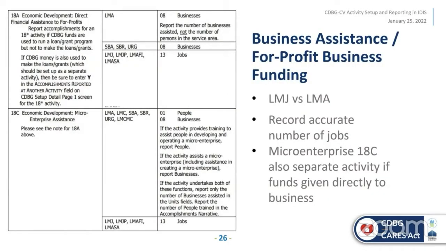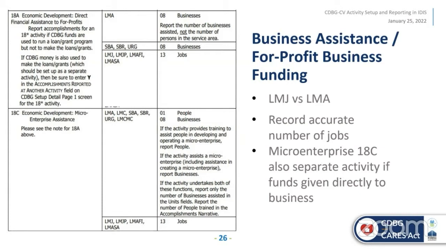In terms of what national objective, right, there can be LMJ, there can be LMA. Most of the time, we've seen, especially with COVID, the 18A economic development for-profit assistance groups. That's usually an LMJ activity.